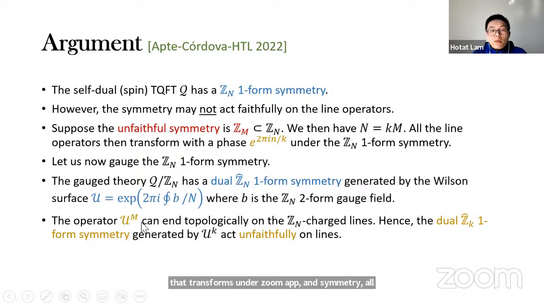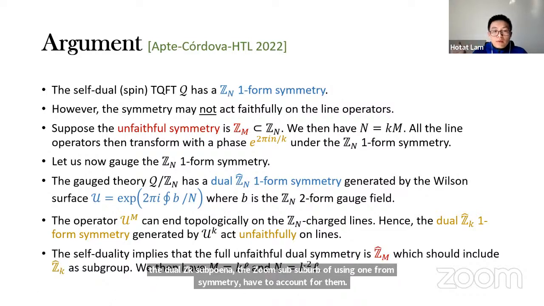So that means that only the operator u to the power n can end topologically on this ZN charged line. This means that the ZK subgroup generated by u to the power n has to act unfaithfully on lines, because they admit topological boundary conditions and they can be opened up. So with all this, we learn that the ZK subgroup of the dual ZN1 symmetry has to act unfaithfully.